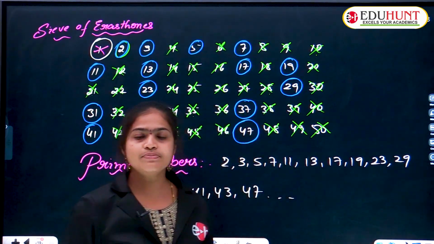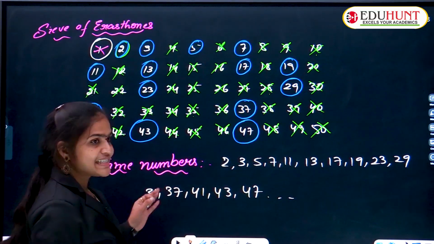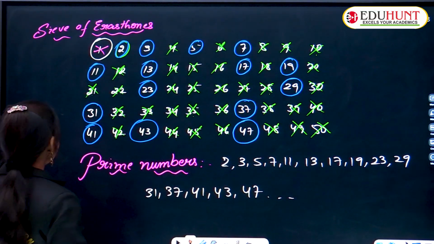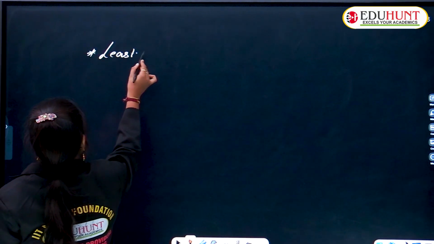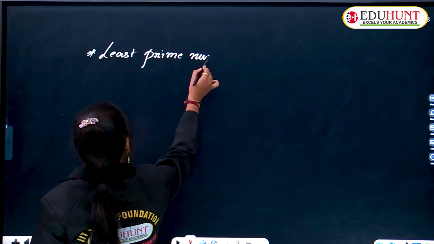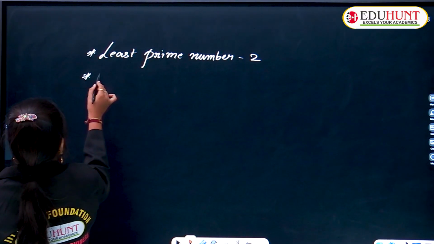Understood? From this we can write some points. Least prime number is 2. One and only even prime.